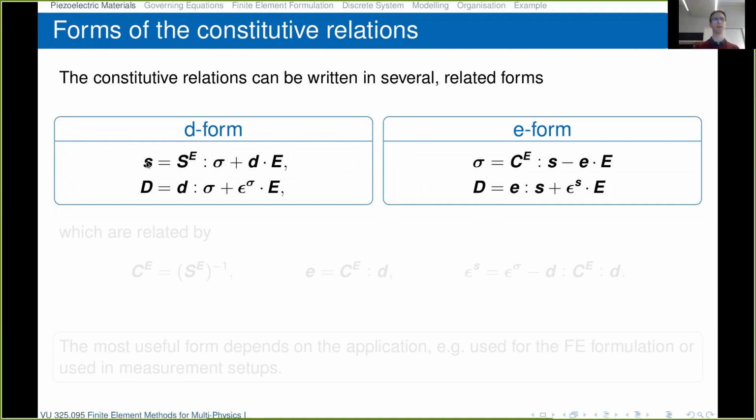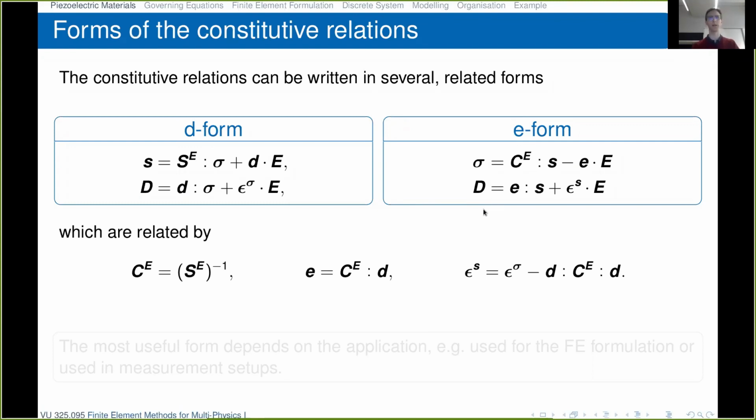So you basically rearrange the first equation to obtain sigma and insert this expression in the second equation. And here are the relations that are used to relate these forms. As I said, simply express sigma from the first equation and insert it, and you will get the e form.